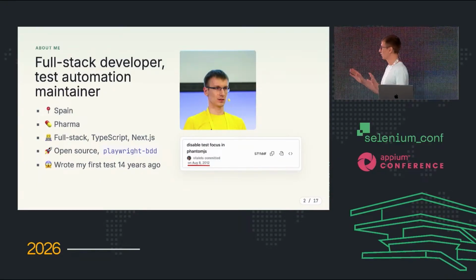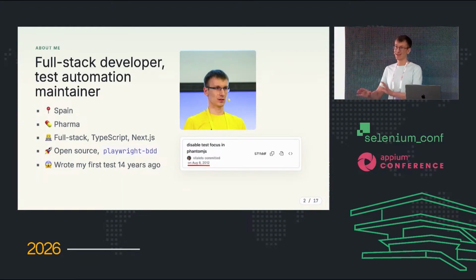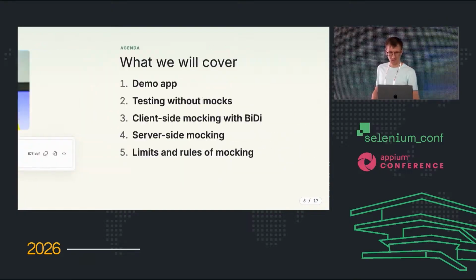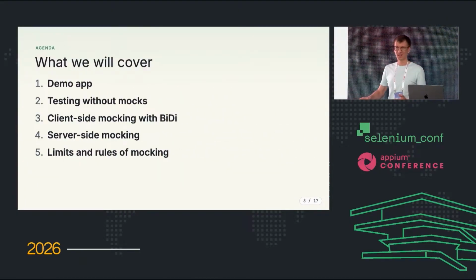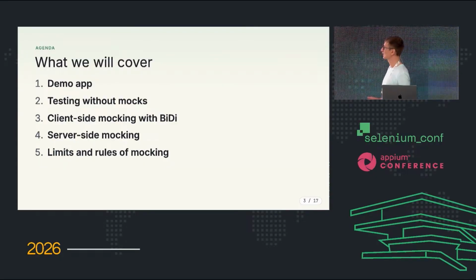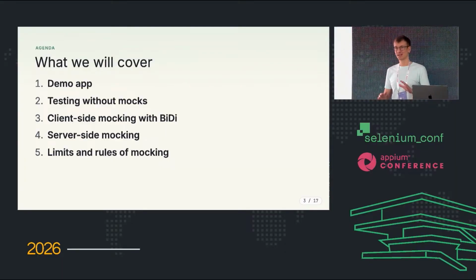But today we are talking about more modern approaches, Selenium BiDi and request mocking. A few words about the agenda for today. I try to make it a very practical talk, so we will start with the demo. Then we will try to test the demo application using different approaches.